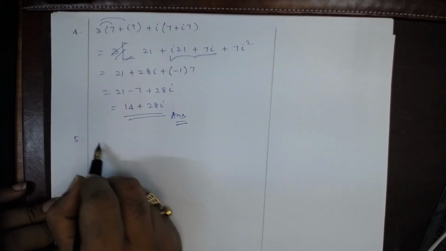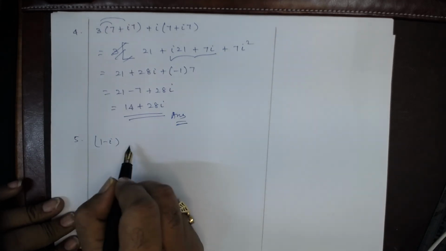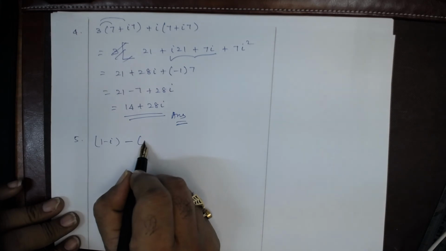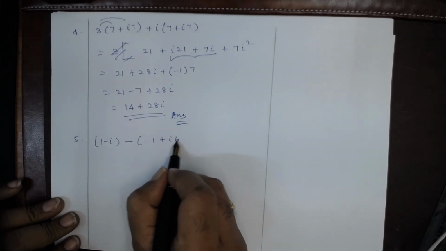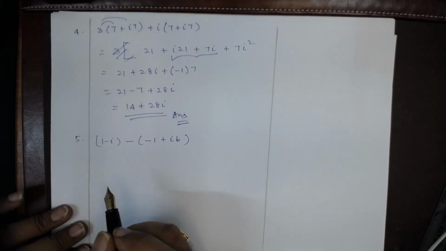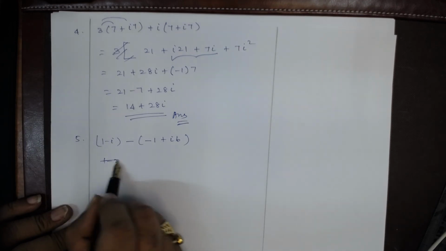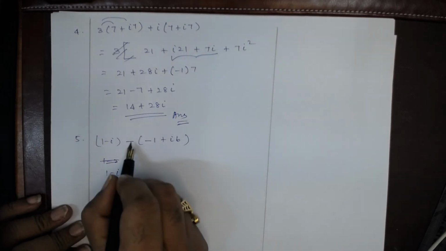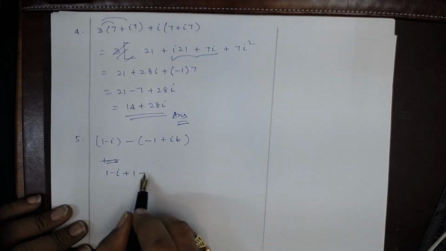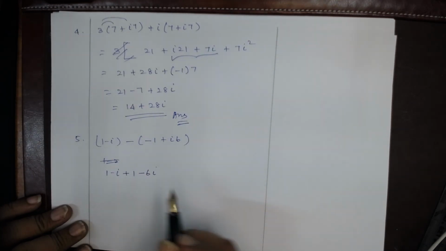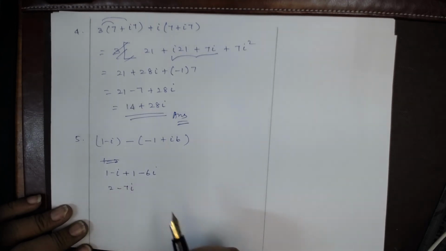Try this. 1 minus i, into minus 1 plus 6i. Okay. So let us expand. 1 minus i, minus of minus, plus 1, minus of i, 6i. So 2 minus 7i, right?